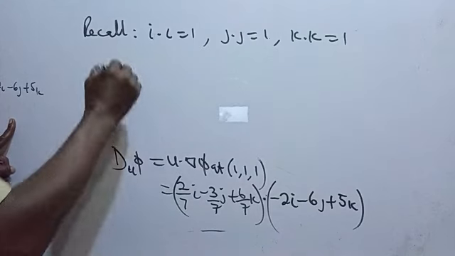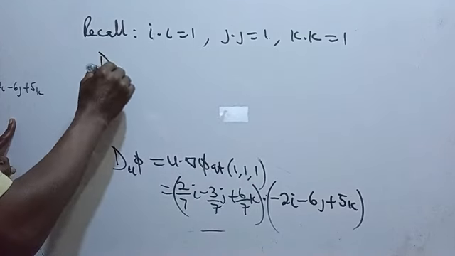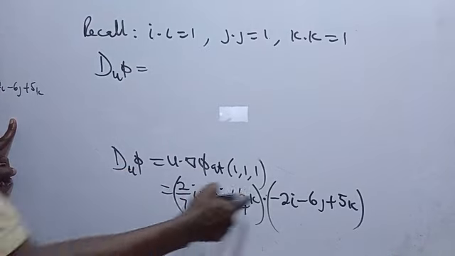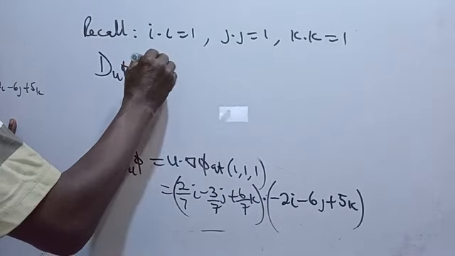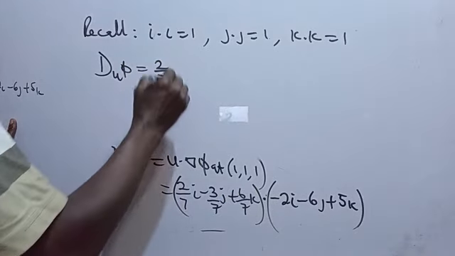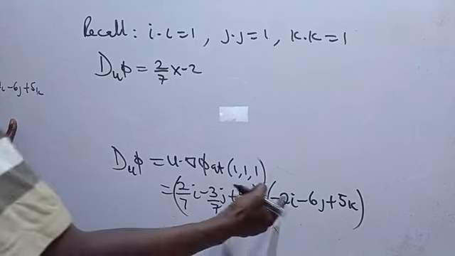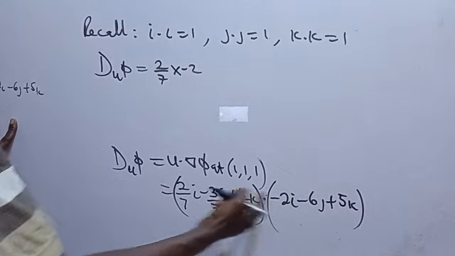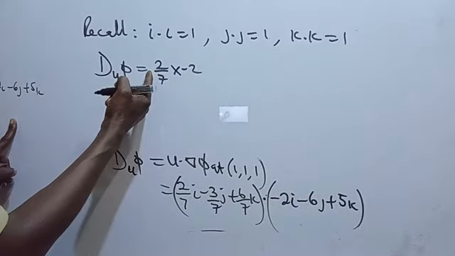So now we have the directional derivative with respect to this u, is equal to what? 2 over 7 times minus 2. I times i is 1. So you just multiply coordinate-wise. Minus 2 times 2 over 7.